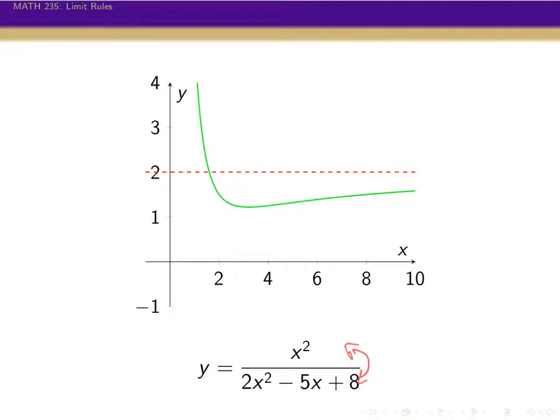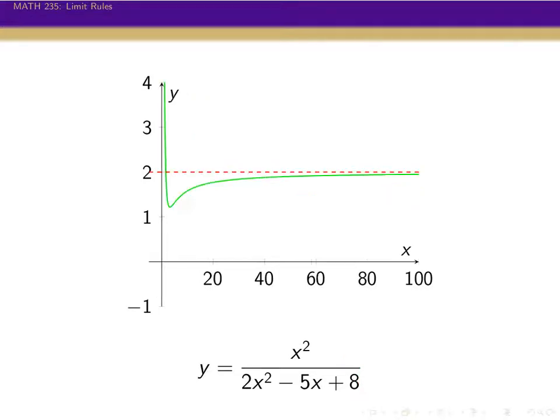Take the reciprocal there. And so as x gets bigger and bigger and bigger, the function's getting closer and closer and closer to 2. And same thing, this also should be the reciprocal. So flip those two. And if we expand out in the x direction, what happens as we go further and further out? The function's still getting closer and closer to 2.